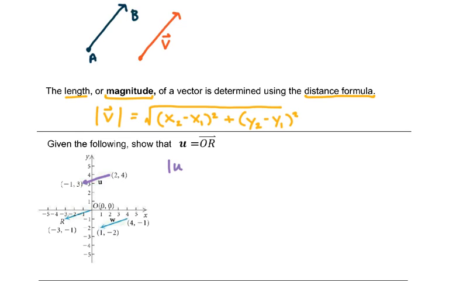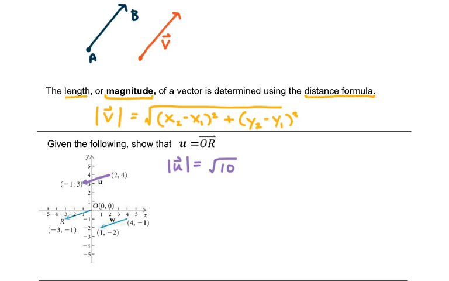So the magnitude of U is going to equal the square root of 2 minus negative 1 squared plus 4 minus 3 squared. That gives me 3 squared plus 1 squared, which is 9 plus 1, or the square root of 10. So I'll just simplify that there, square root of 10.